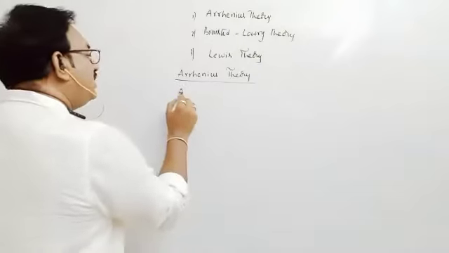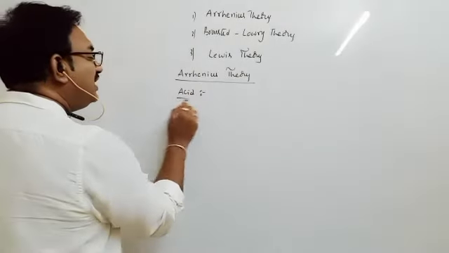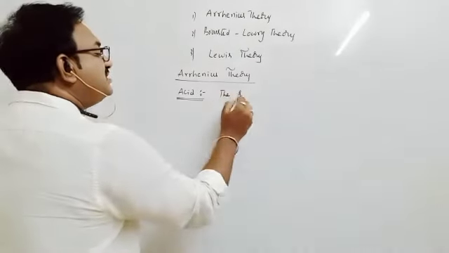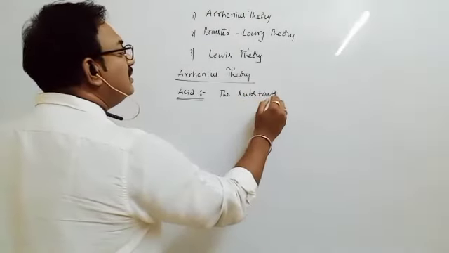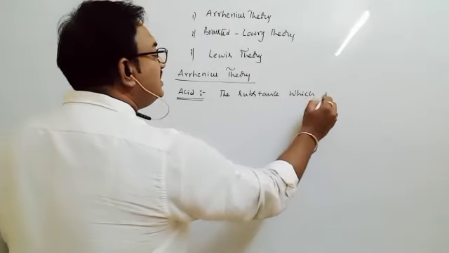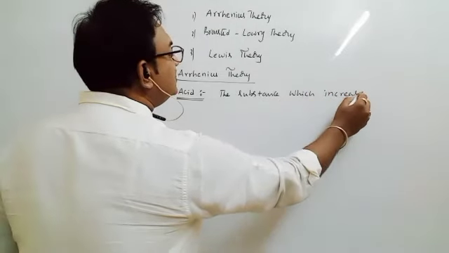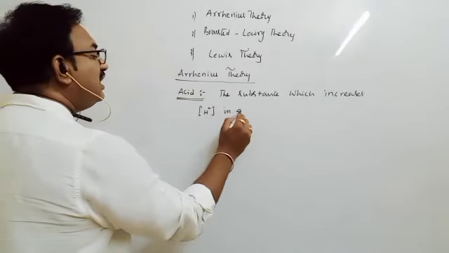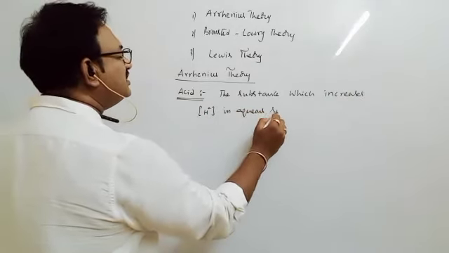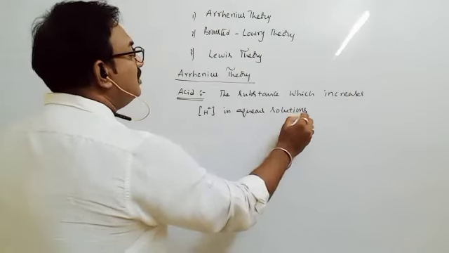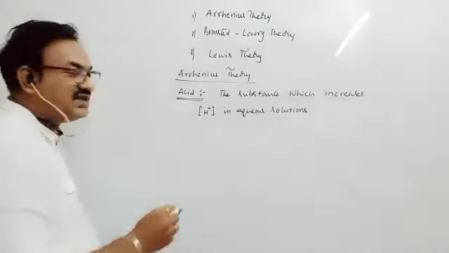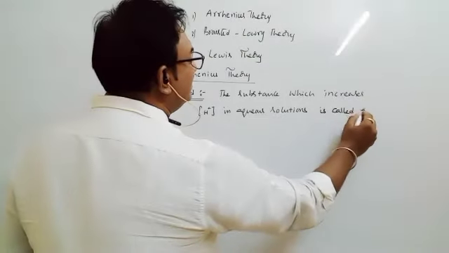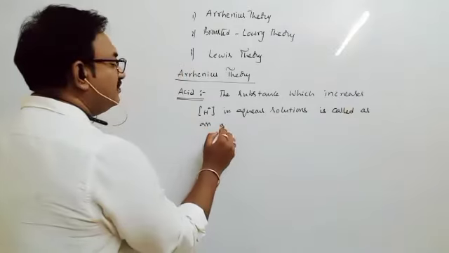First, what is an acid? According to Arrhenius theory, what is an acid? The substance which increases H plus ion concentration in aqueous solutions is called an acid.